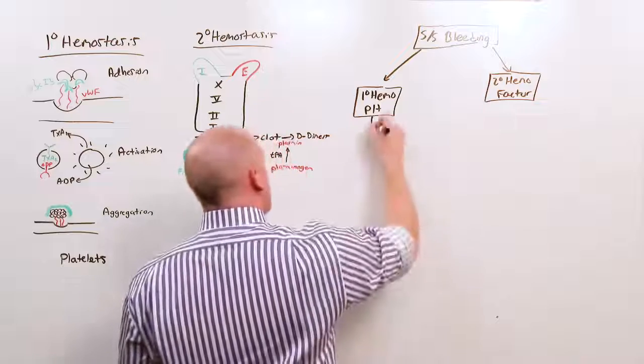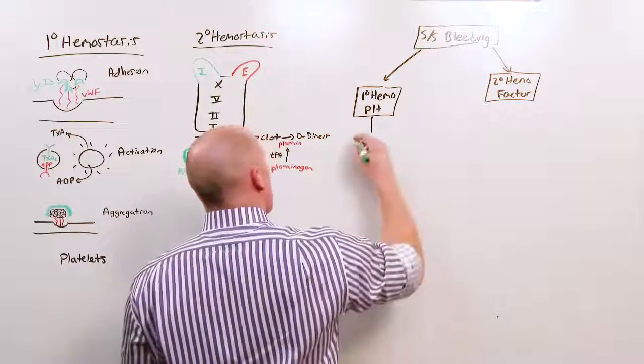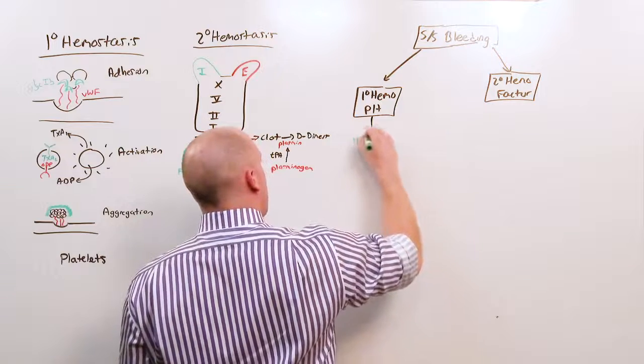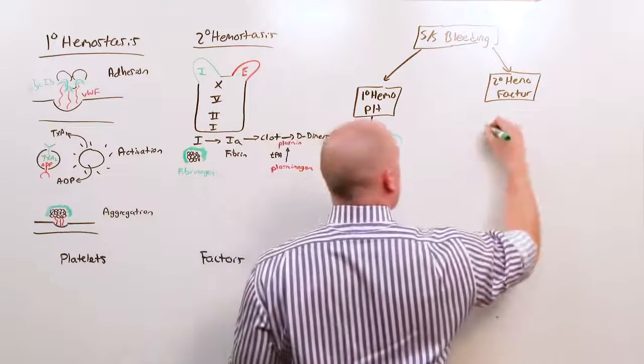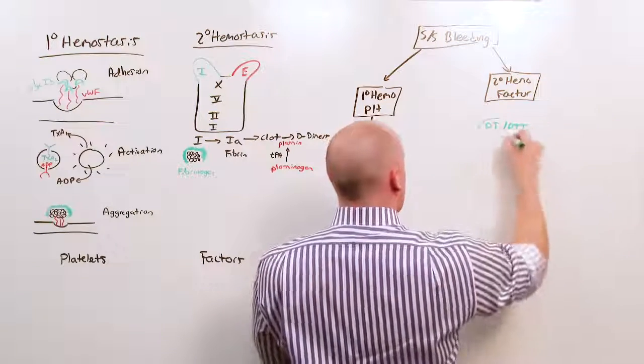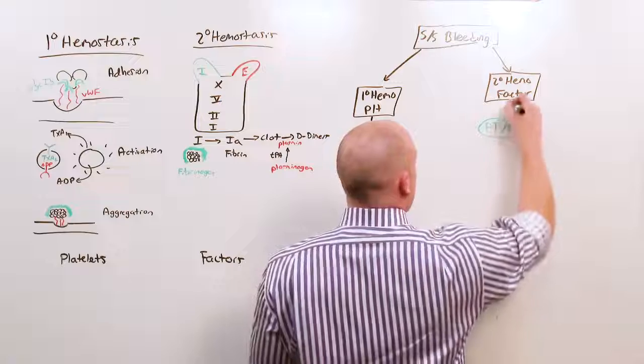And as we said, if someone's bleeding, you're going to check a CBC, because what you're looking for is a platelet count. And you're going to check a PT, PTT to see if there's a problem with factor bleeding.